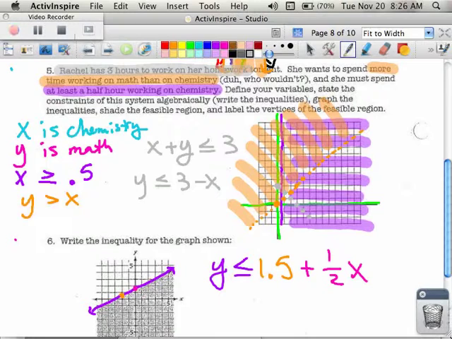And then I notice that it's a less than or equal to symbol, so that means it's solid. So I make a solid line. And I want everything that's less than that line, which means under. And the only region I can choose is where all three constraints overlap.